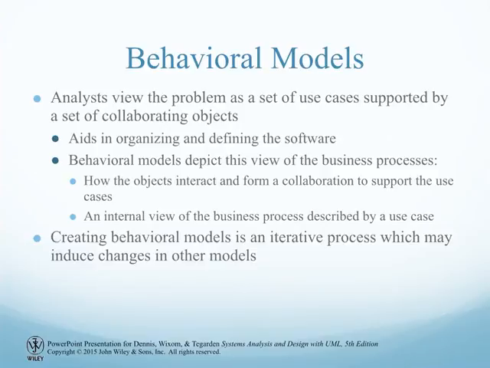There's a new appointment being made, and that new appointment object is going to query the patient record object, which is going to look up the date of birth, and then the date of birth is going to get sent back to that new appointment record. That is the kind of thing that we're going to be looking at here for behavioral models: how these things get passed back and forth, and how these different classes interact with each other within the system.